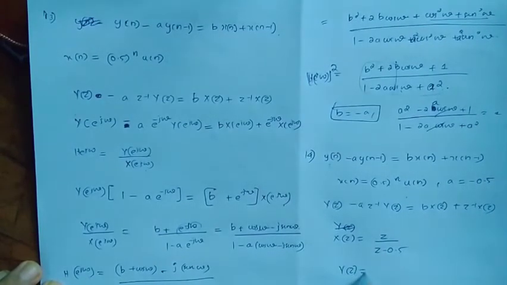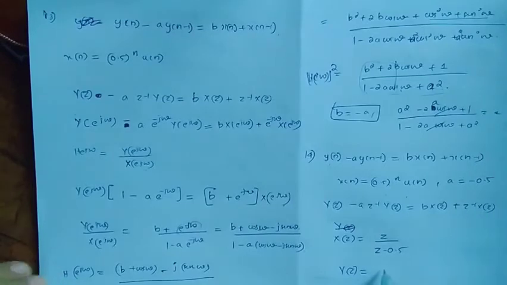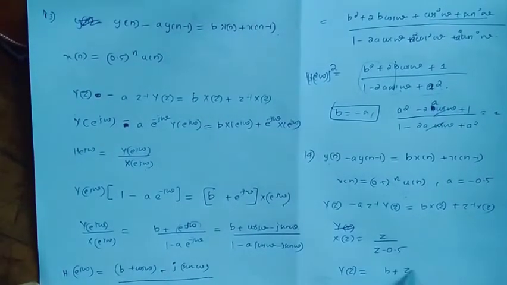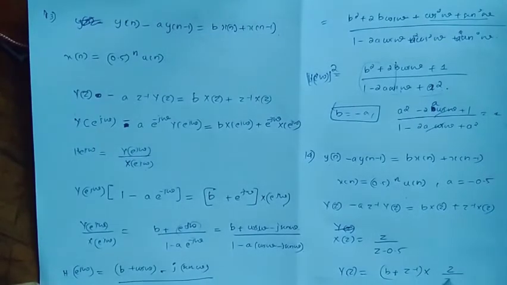So Y of z equal to, instead of X of z, we are going to write (b plus z raised to minus 1) into z divided by z minus 0.5, and the Y of z, this will come downwards, that is 1 minus a into z raised to minus 1. It is already given in the question that a is equal to 0.5, right?